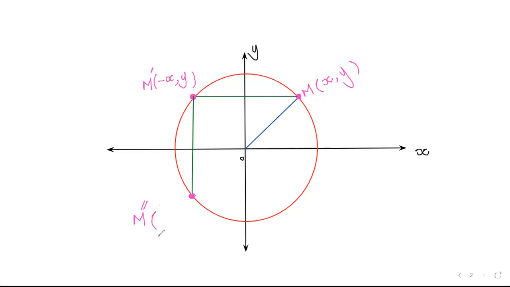This point, you see that they share the same x because they have the same projection along the x. As a result, x is still minus x. And y, you see that it's now below the zero. It becomes minus y.